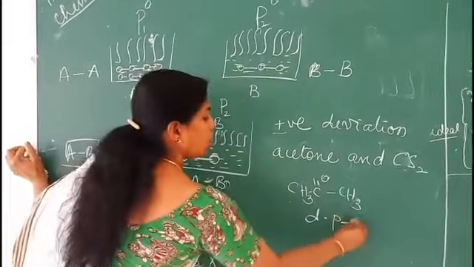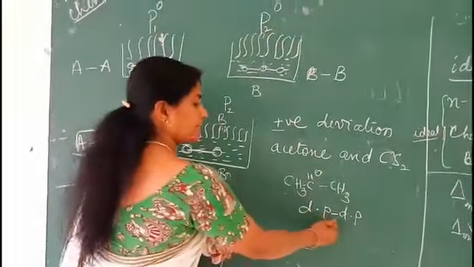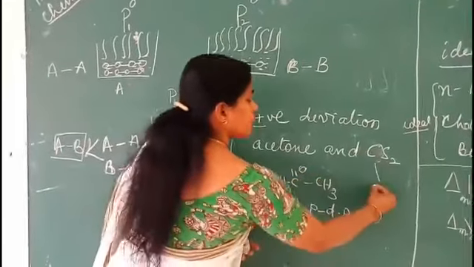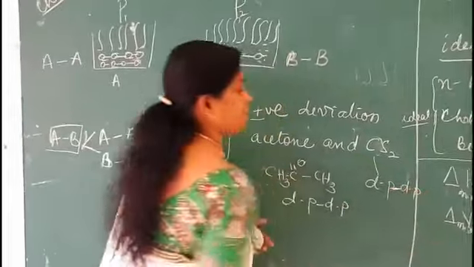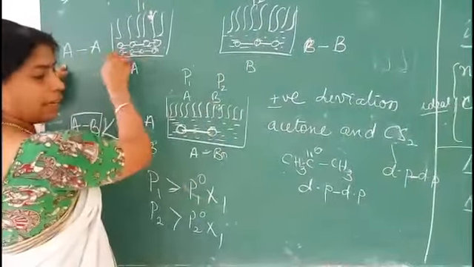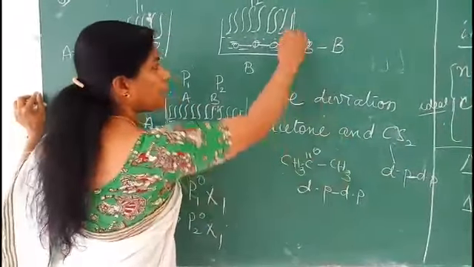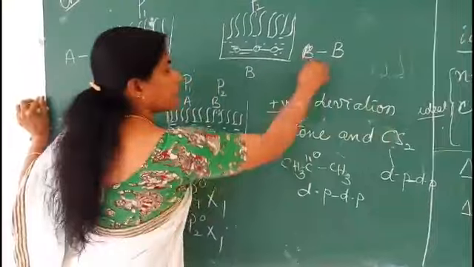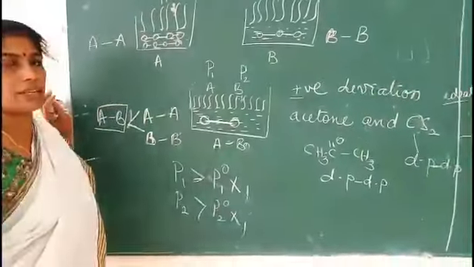In acetone there is dipole attraction, and in CS2 also there is dipole attraction. So if we take acetone as A, the AA force of attraction is dipole, and if CS2 is B, the BB force of attraction is dipole force of attraction.